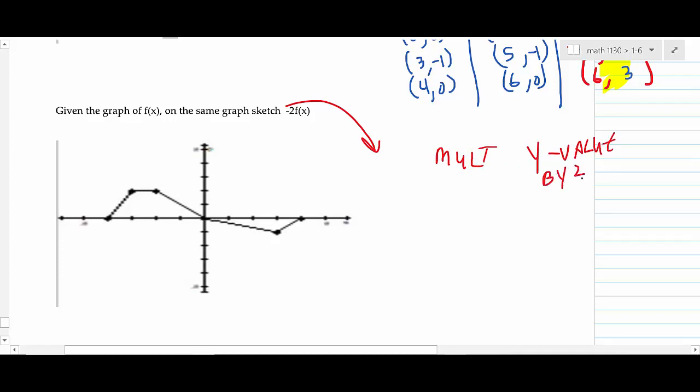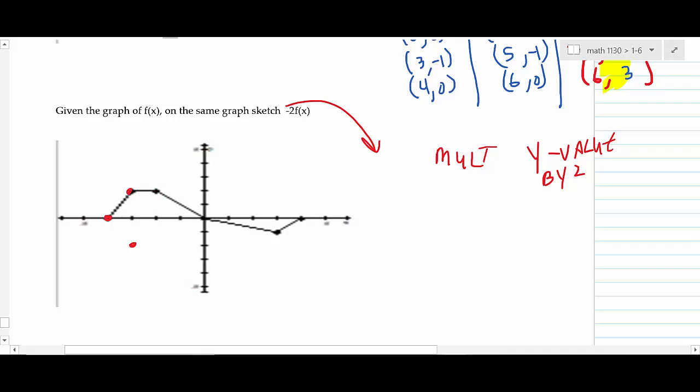And you can do this in your head. Like this point right here is still going to be the same because the y value is 0, right? And 0 times -2 is still 0, okay? The y value of this point is 1, so what's 1 times -2? It's -2. So that point is going to go down there like that. Same thing here.